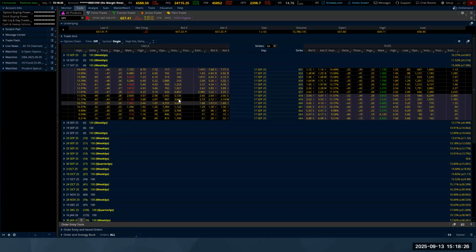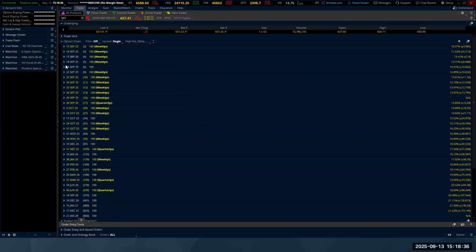And while we don't have a lot of volume here, and we don't have a lot of open interest, this is still a lot for a daily expiration. And some people ask, well, what is zero DTE? Well, zero DTE is when you're trading that day's options.